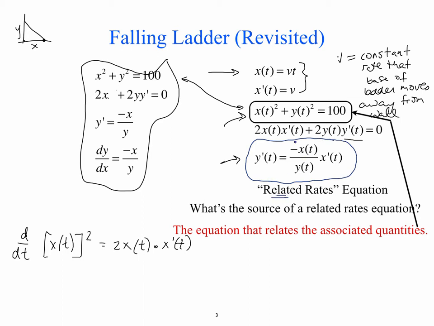But in order to get there, we had to start with an equation that related the quantities involved, not rates of change of quantities, but just the quantities themselves. And then from there, we could build to a relationship between rates.